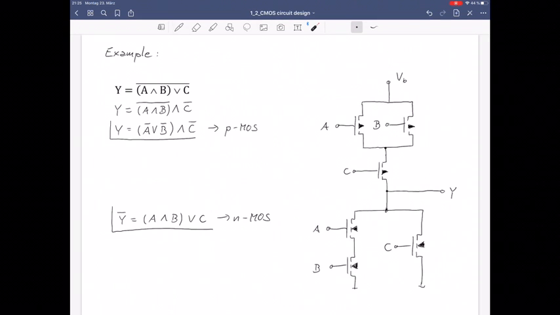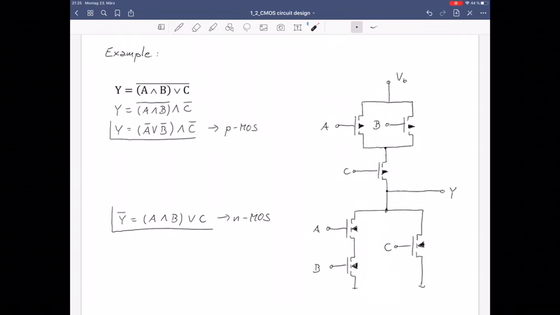Second, we should notice that if we have a parallel connection, for example in this part of the circuit right here, we have a series connection in the other part of the circuit.